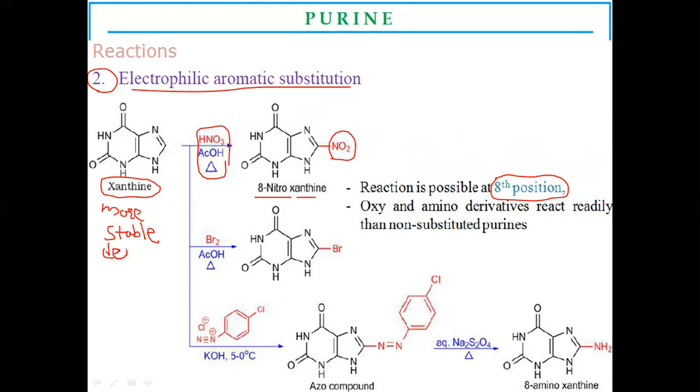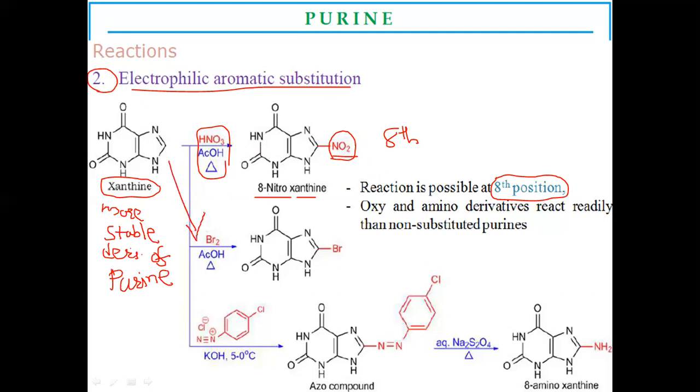Xanthines undergo electrophilic substitution reactions. First is nitration. With nitrating mixtures, they undergo nitration, with nitro substitution at the 8 position to form the nitrated product, that is 8-nitroxanthines.